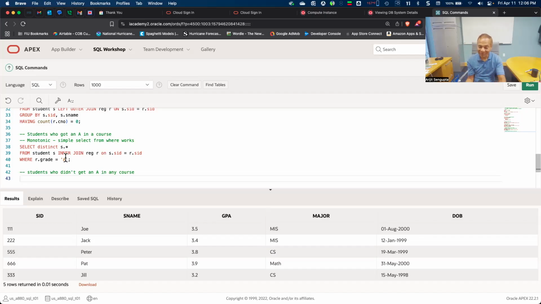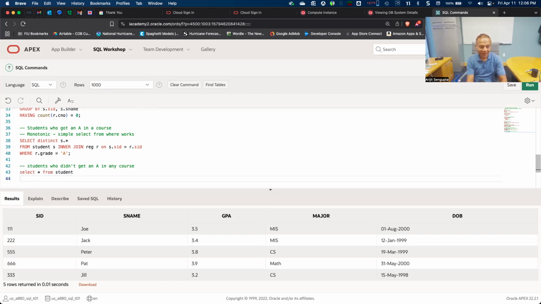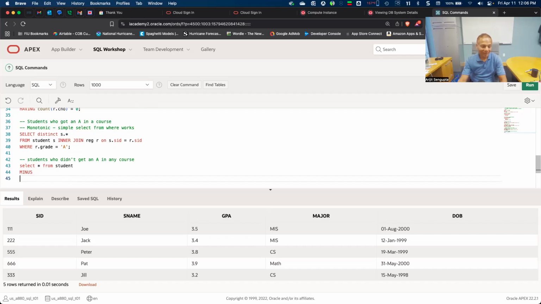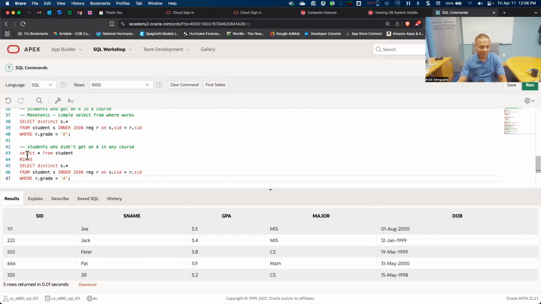So that's why I wanted to do the monotonic first. So now I can just say select star from student, and now minus this guy. So I take all the students and I minus the students who've got an A. Then what we would be left with is students who didn't get any A's.